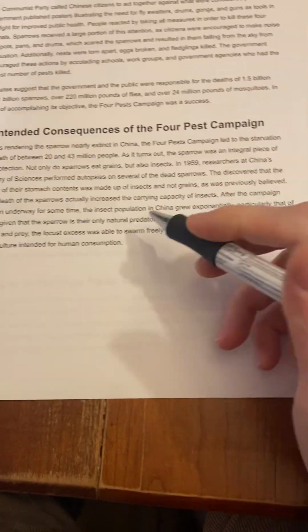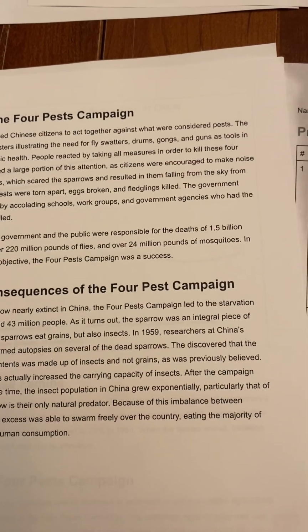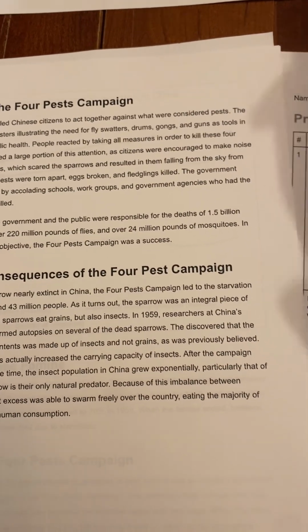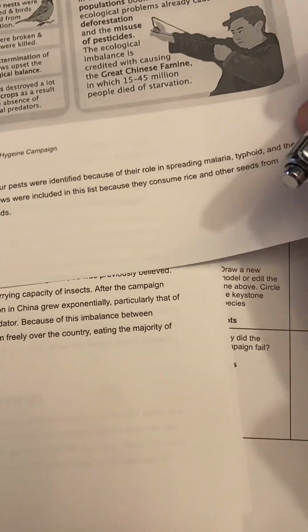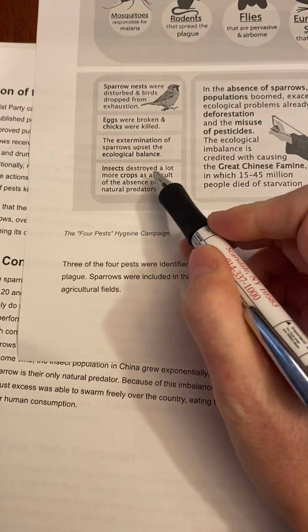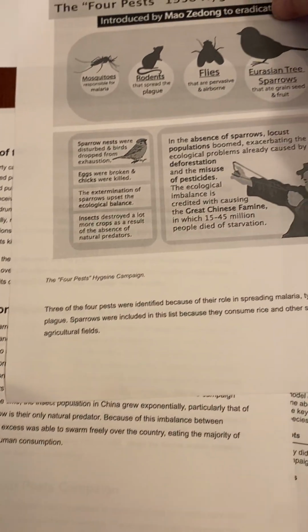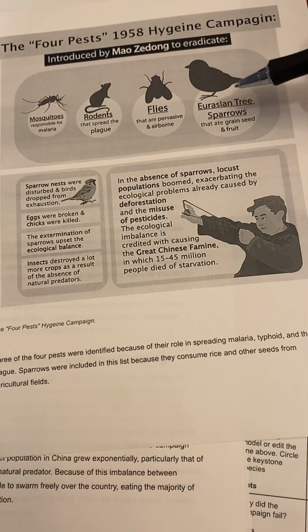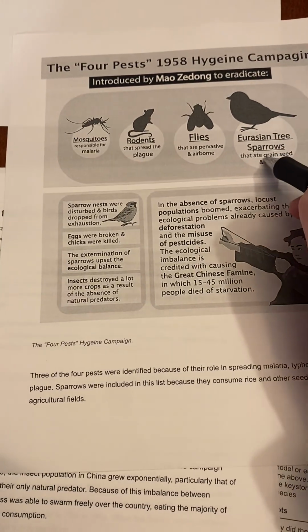Now, the reason why they were doing this is because it says here that insects destroyed a lot of crops, right? They also believe that the Eurasian tree sparrows ate grain, seed, and fruit.